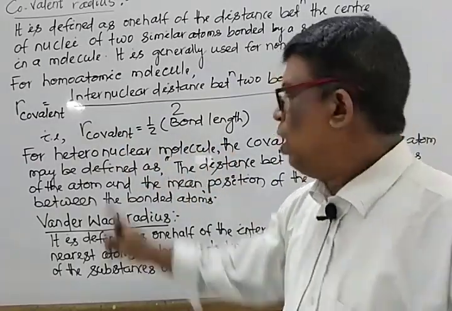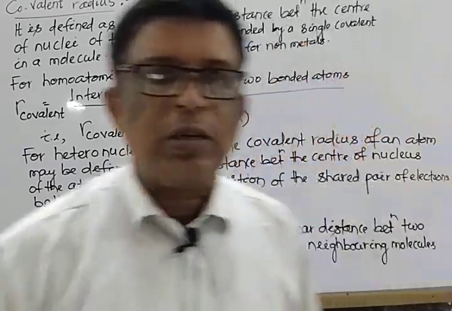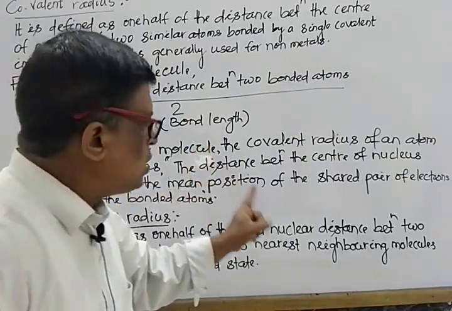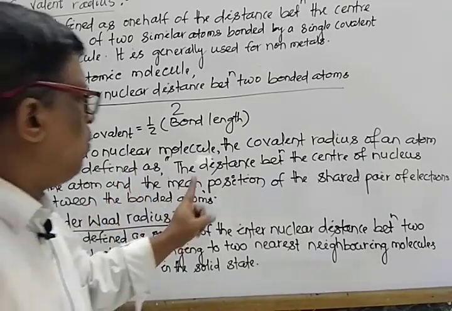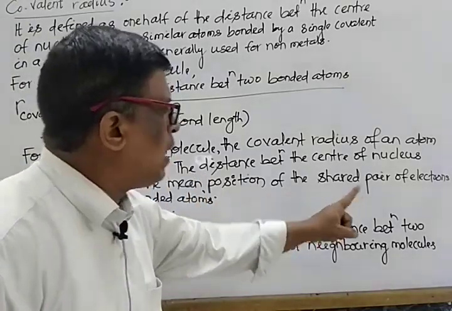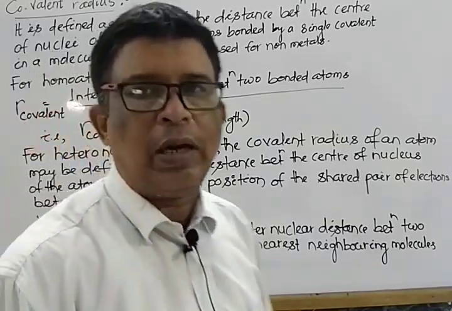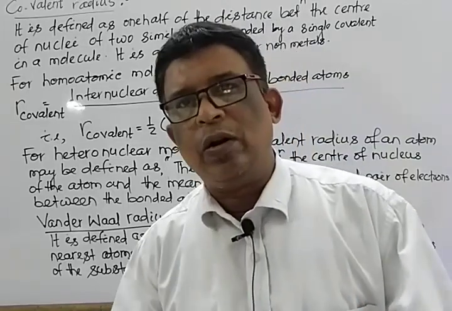But on the other hand, for a heteronuclear molecule, the covalent radius of an atom may be defined as the distance between the center of the nucleus of the atom and the mean position of the shared electron pair formed between the covalently bonded atoms.